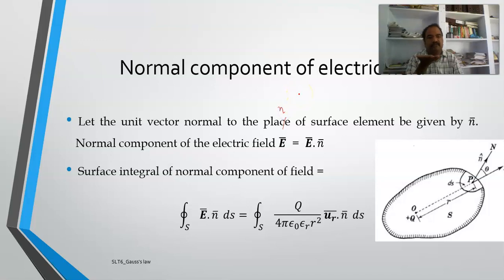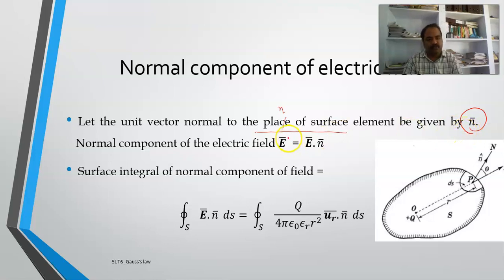Now I'll consider a unit vector which is normal to this plane. So it will be in this vertical direction, right? Let the unit vector normal to the plane of the surface element be n bar.